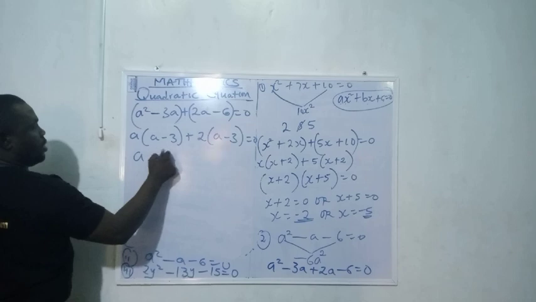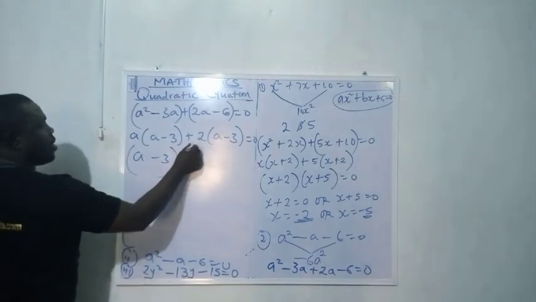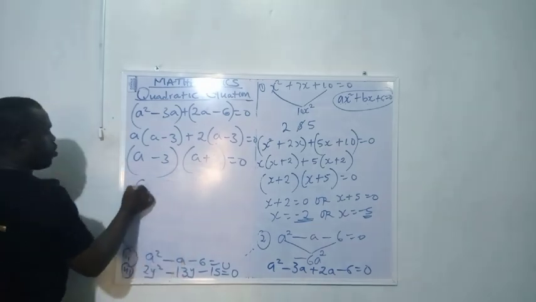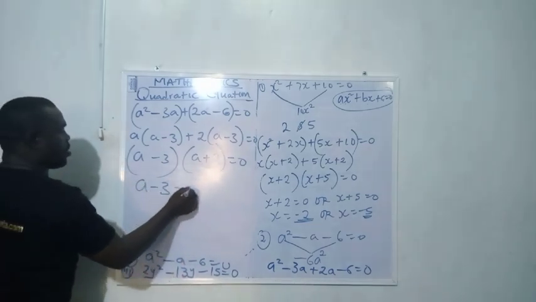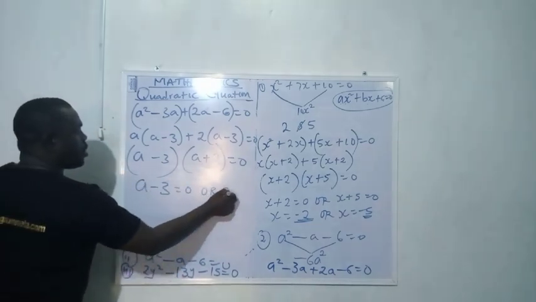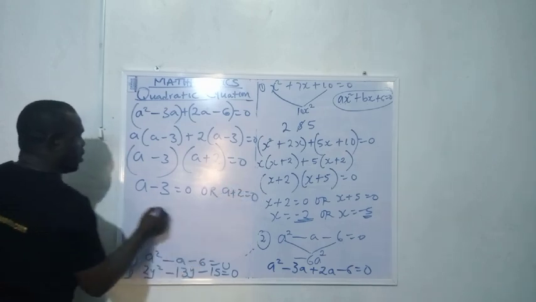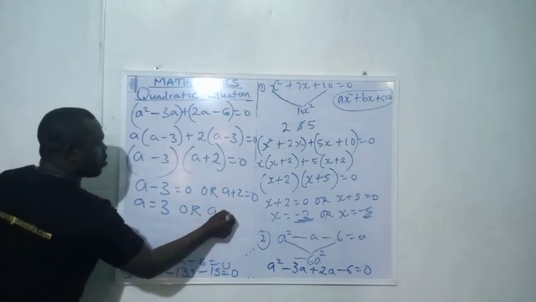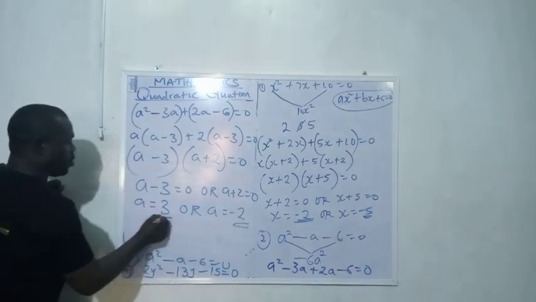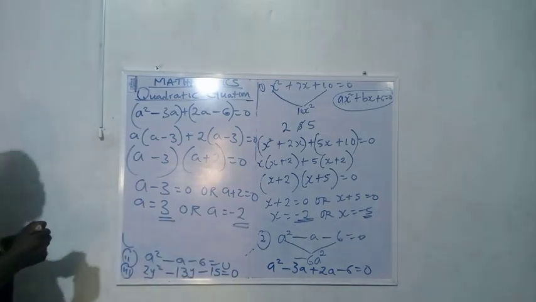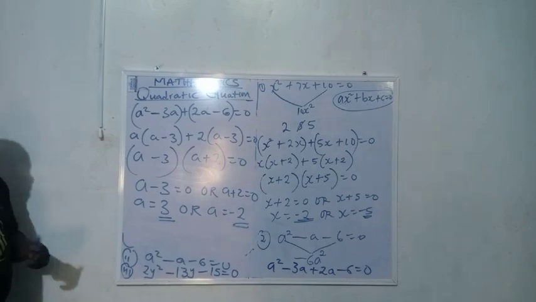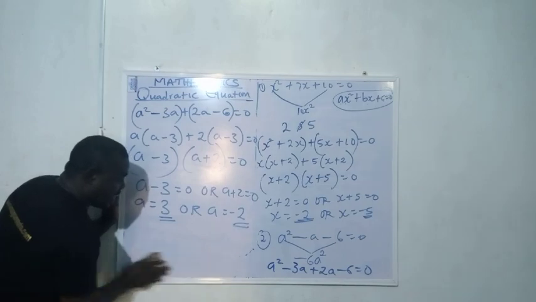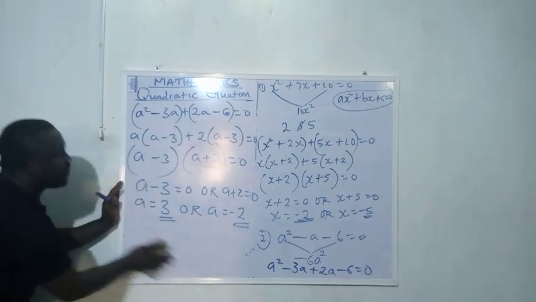So we have a minus 3, pick this. And then we have a plus 2 equals to this. So my a minus 3 equals 0, or a plus 2 equals 0. So a equals 3, or a equals minus 2. So that's what you have right there. Now, this is the final answer. So, I'm sure that is very, very simple.